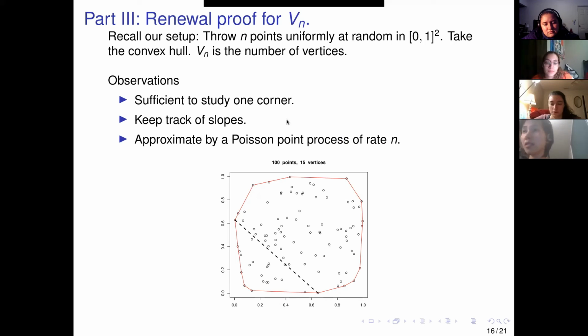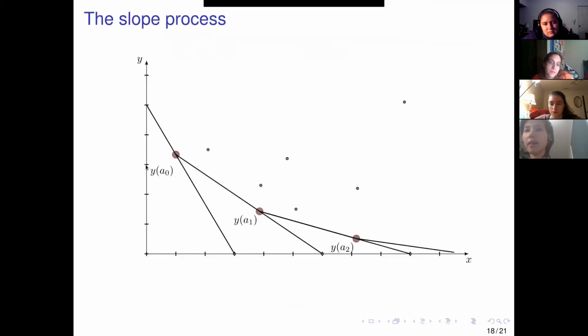It's also sufficient to keep track of the slope. What do I mean by that? It's a process like this. The slope process is: I imagine I have a stick, and I start out with it vertical, and I use the stick to discover vertices of my polytope. I start out vertical and find this vertex.